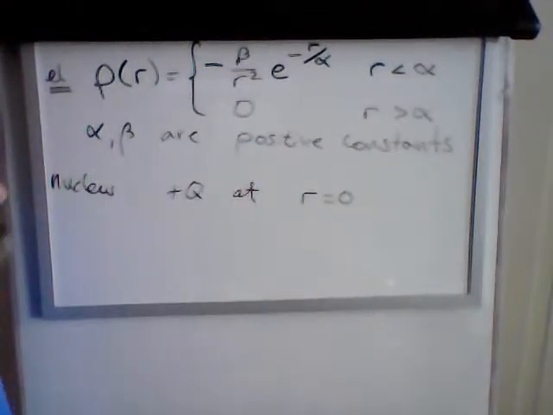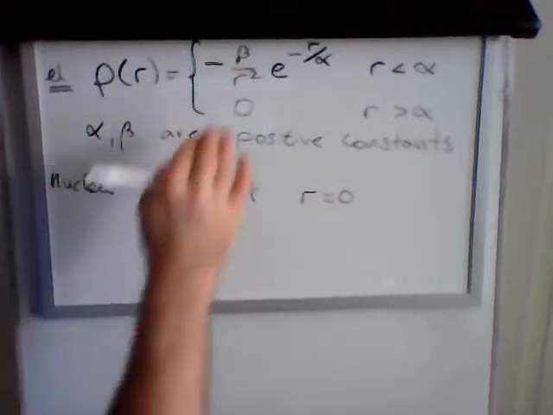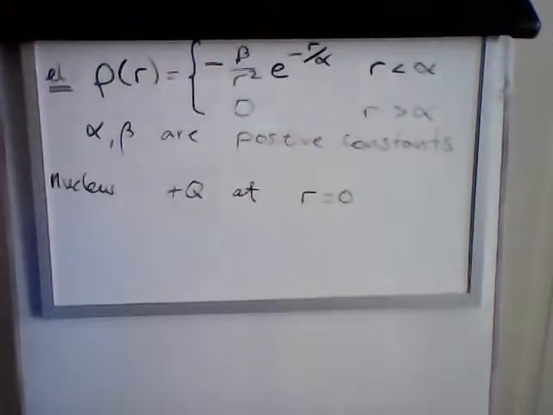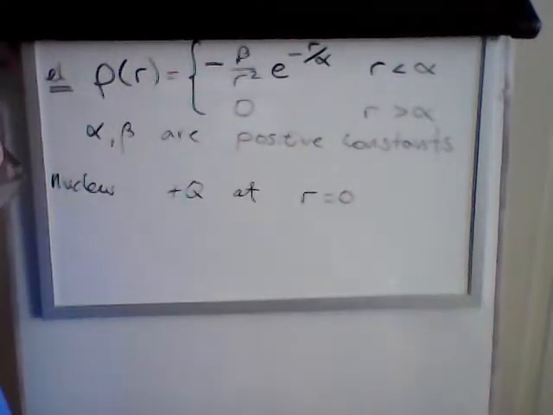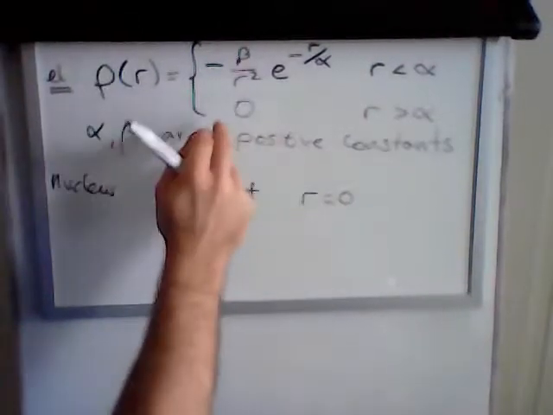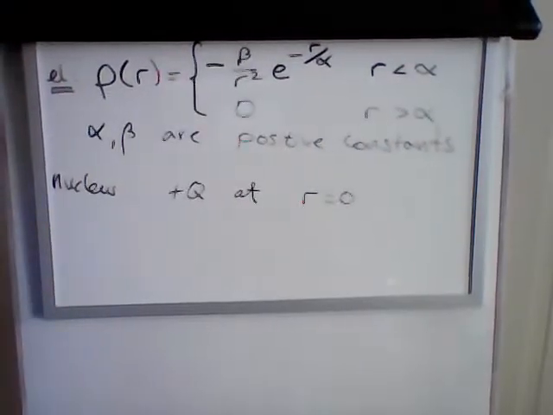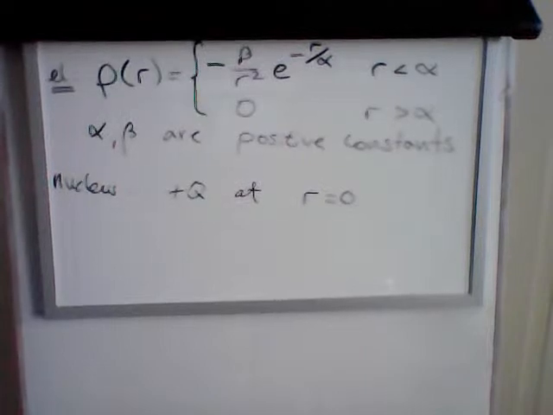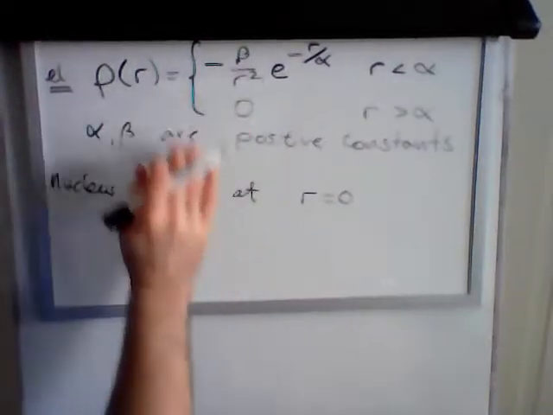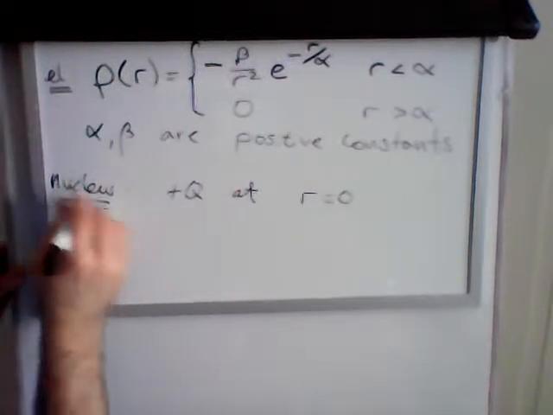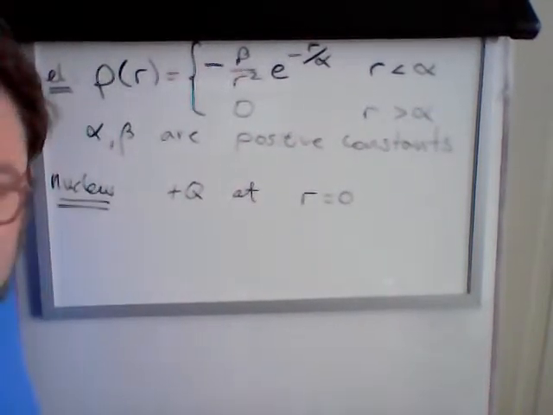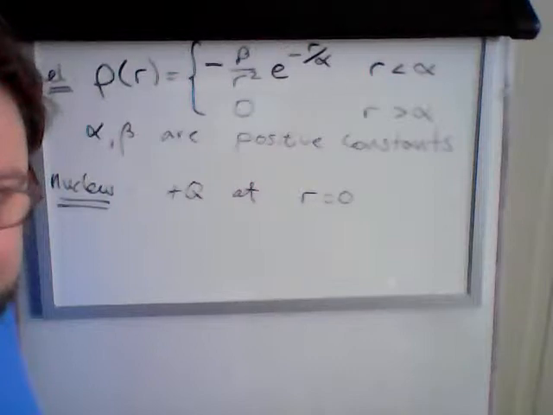Whereas in reality, and kind of the way I describe it, this electron distribution really goes on to infinity and beyond, but they cut it off at alpha. There you go. Okay, so here's the basic idea, and they're asking us to use these two, the nucleus and the electron cloud, to think about Gaussian surfaces.